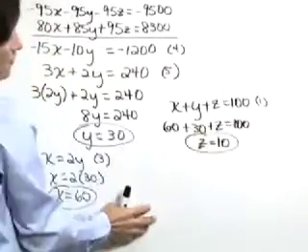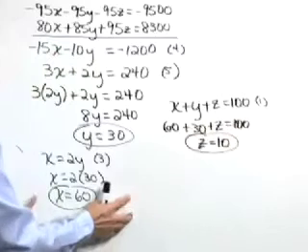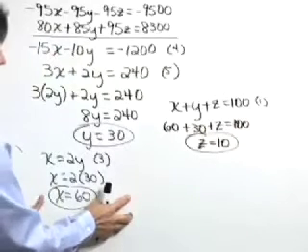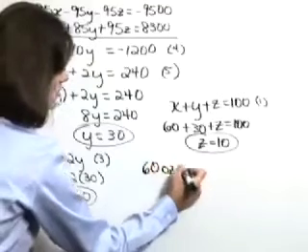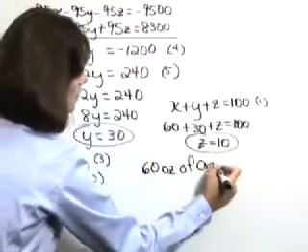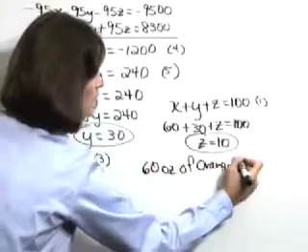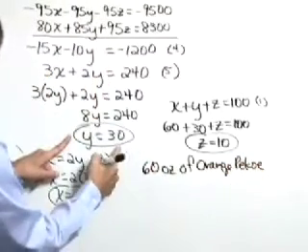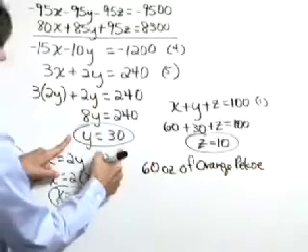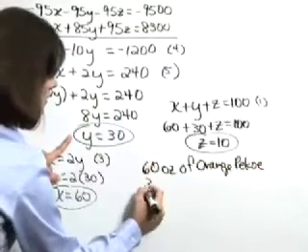All right, let's state our answer very clearly. We found x, that's the amount of orange pekoe in ounces. So 60 ounces of orange pekoe. We found y, that's 30. It's the amount of Irish breakfast in ounces.